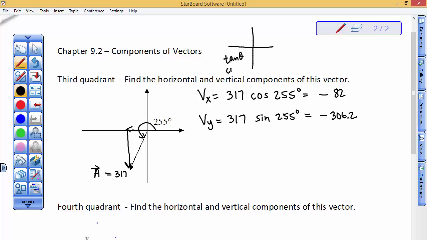So when you go use cosine and sine in this quadrant, again, this is the third quadrant, they're going to give you the negative answers, the appropriate, this negative 82 and this negative 306 that makes up the hypotenuse of 317. I'm going to stop, and I think I'll leave this video at that.